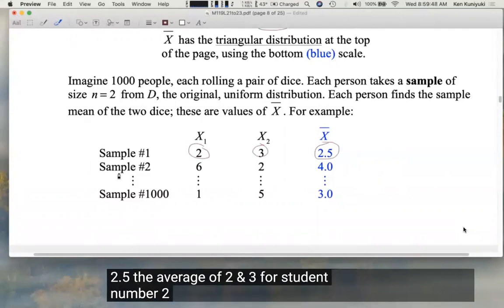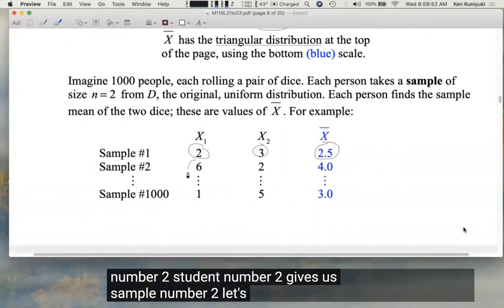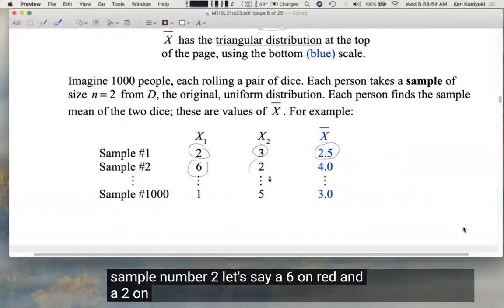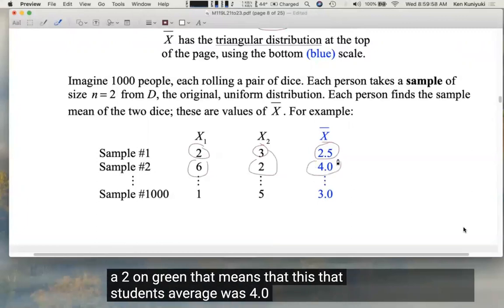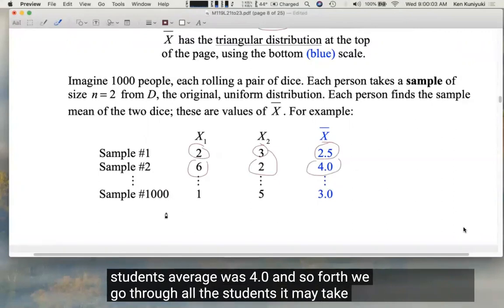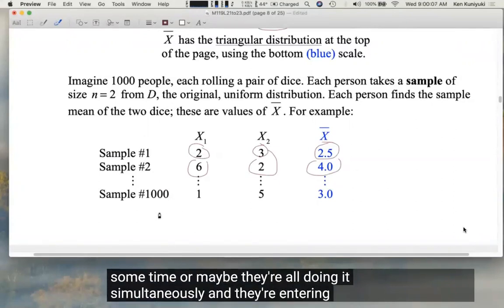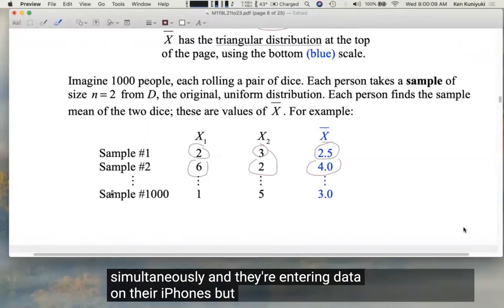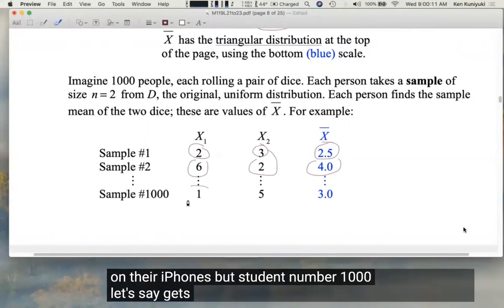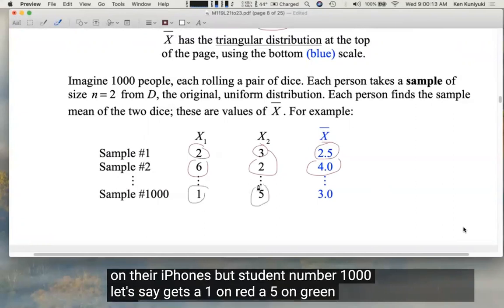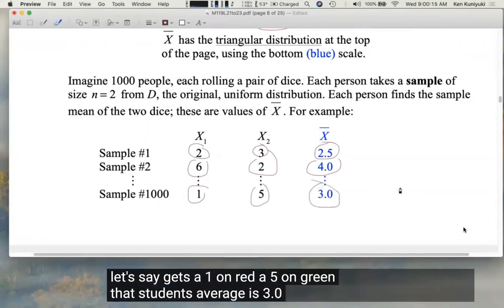Student number two gives us sample number 2. Let's say a 6 on red and a 2 on green. That means that that student's average was 4.0. And so forth. We go through all the students. It may take some time, or maybe they're all doing it simultaneously and they're entering data on their iPhones. But student number 1000, let's say, gets a 1 on red, a 5 on green. That student's average is 3.0.